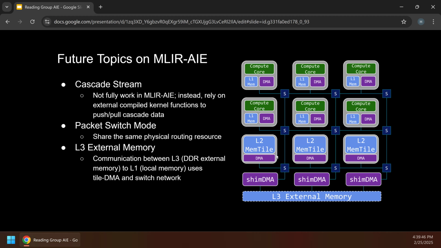To transfer data from the L3 DDR external memory to the local memory or the L2 memory tiles, it needs to deal with the shim DMA, which requires more components that need to be written in the AIE dialects. Yeah, I guess that's it for today. Any questions?